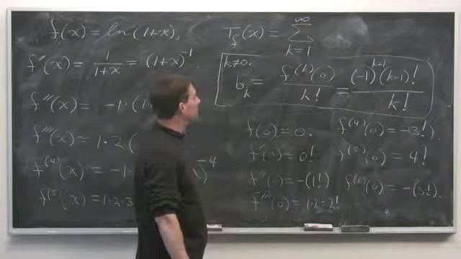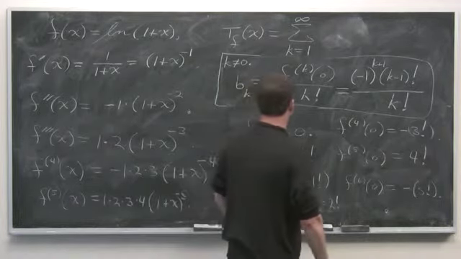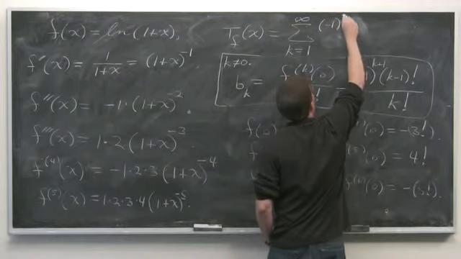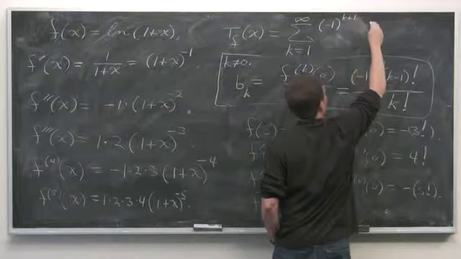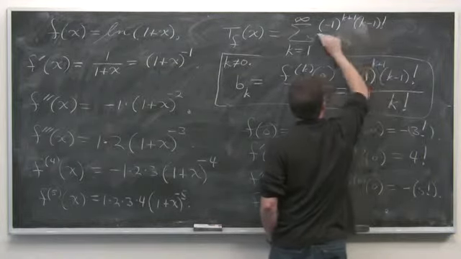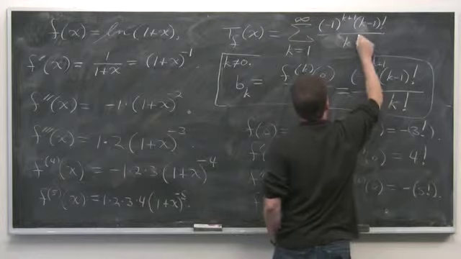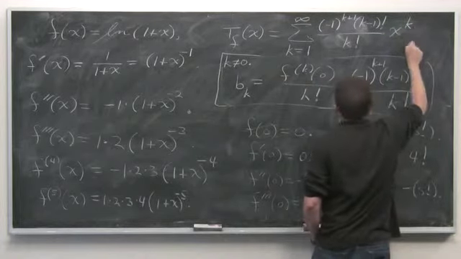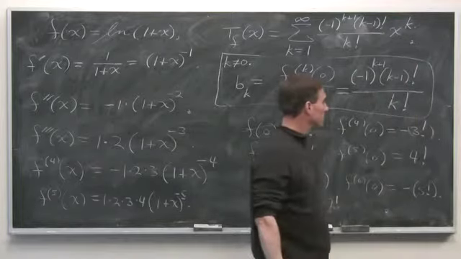It doesn't fit into this formula. So after that, we would just put in bk times x to the k. And this should be our Maclaurin series.